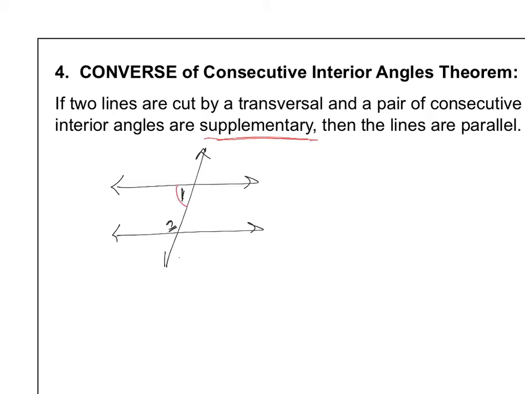So if you figure out these two angles are supplementary, in other words, if angle 1 plus angle 2 equals 180 degrees, then A is parallel to B. I guess we better label our A and our B. In this case, the two angles add up to 180. If they add up to 179, nope, the lines are not parallel.